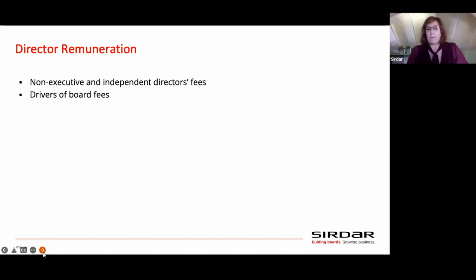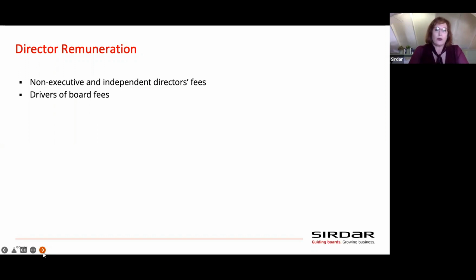But it's still a big focus on company turnover and number of employees. These continue to be the drivers. And we also see that the fees are significantly higher in Southern Africa versus that of East and West Africa, for example, in this space.